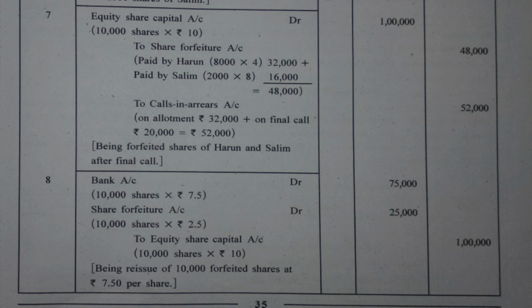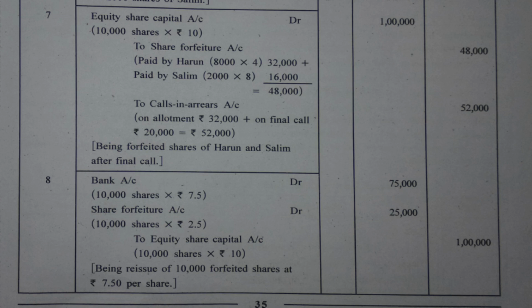So equity share capital account debit, number of shares forfeited into amount called up. 10,000, how? 8,000 plus 2,000. 8,000 shares of Harun and 2,000 shares of Salim. So 10,000 into 10, 1 lakh.